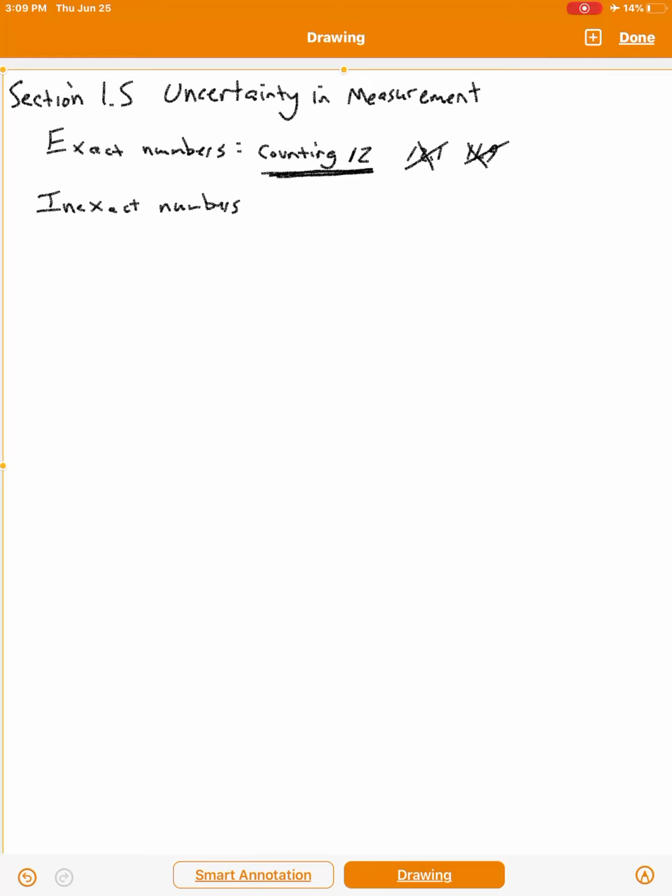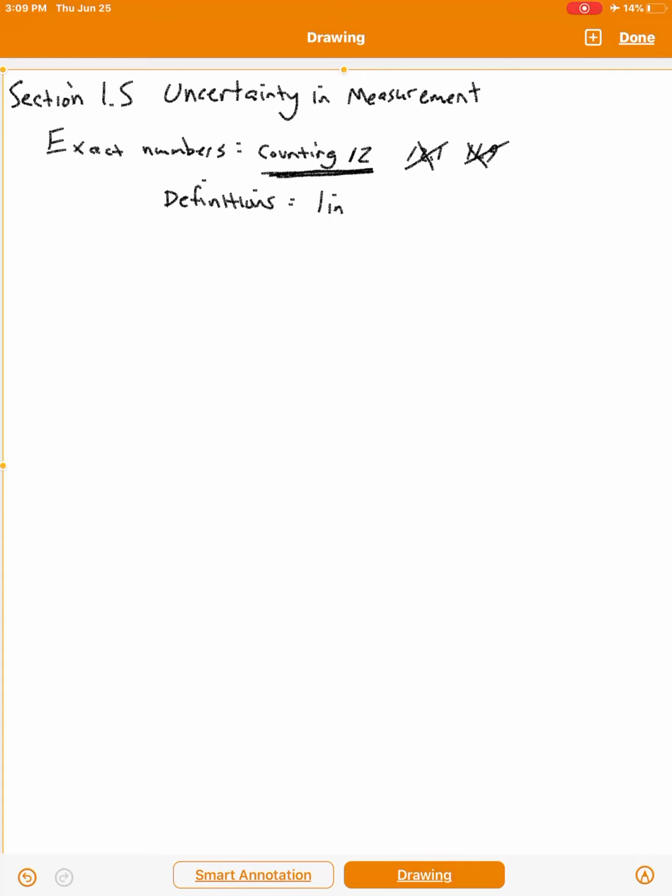Another example of an exact number are definitions. So there's certain defined numbers. 1 inch.